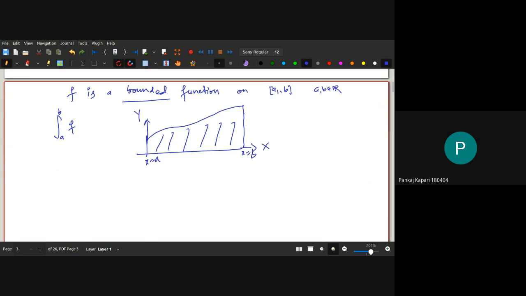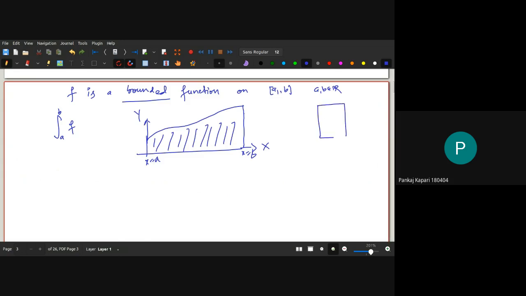And now how do we find the area under this curve? Because we want to find this area, we can approximate it using the area of rectangles, because we know the area of a rectangle. So what is the area of a rectangle?